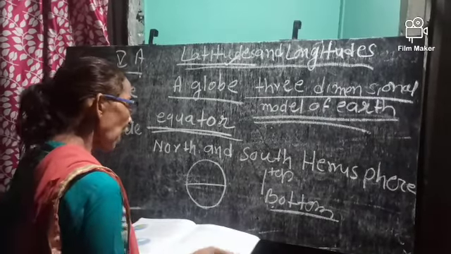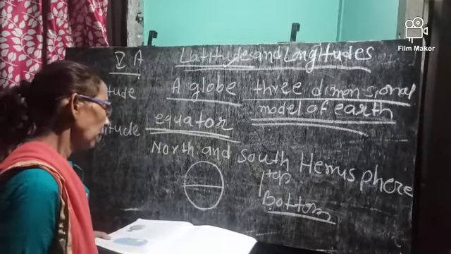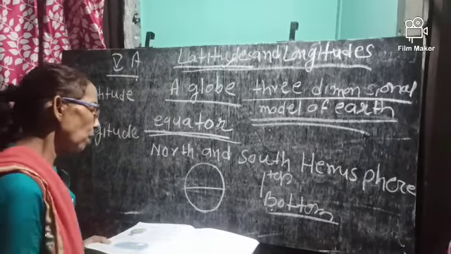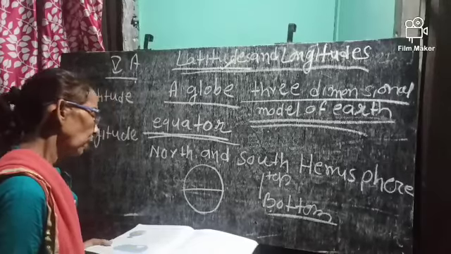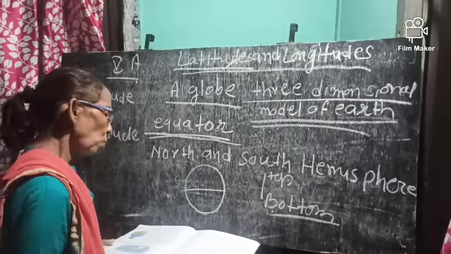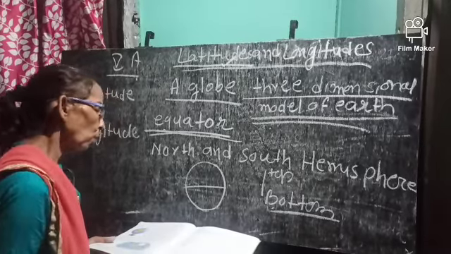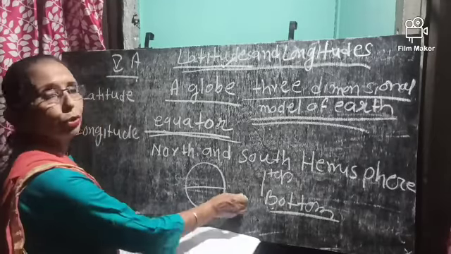The equator is assumed to be at 0 degree latitude, and parallels from the equator to the North Pole are called the north parallels or north latitudes, and those from the equator to the South Pole are called the south parallels or south latitudes.